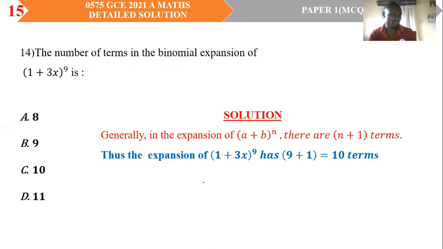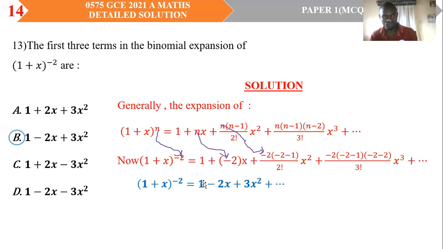Just to refresh our memories, in question 13 we ended with the term in x squared. But how many terms were there? 1, 2, 3. We have 3 terms, and the power is 2, meaning 2 plus 1.